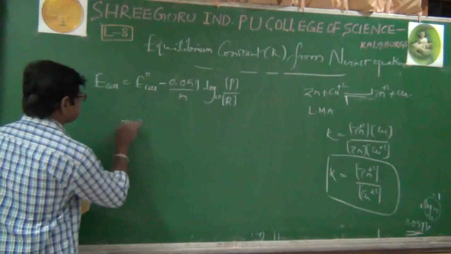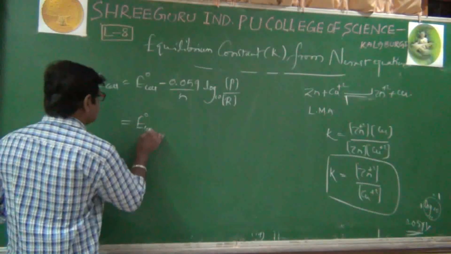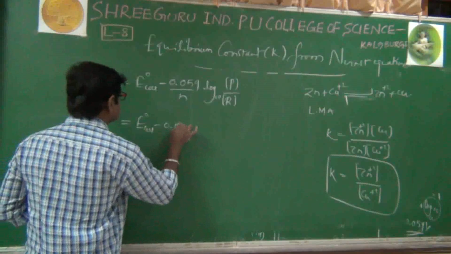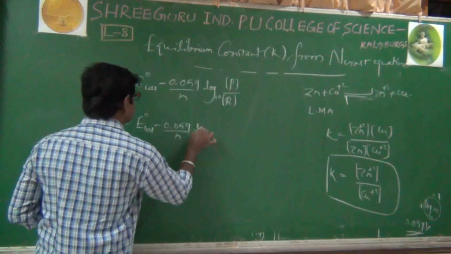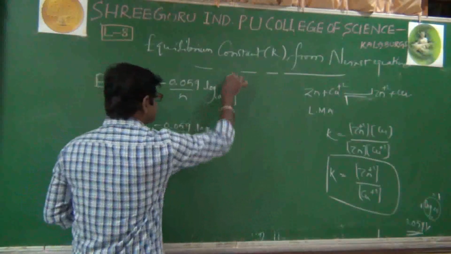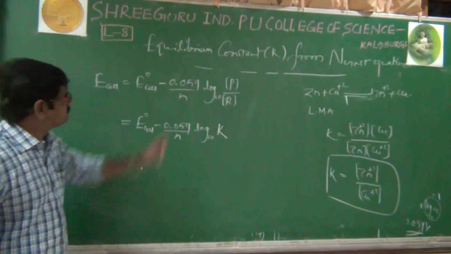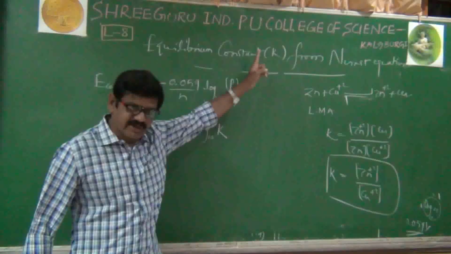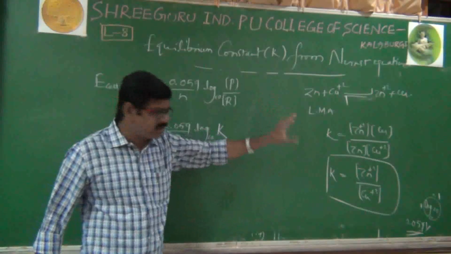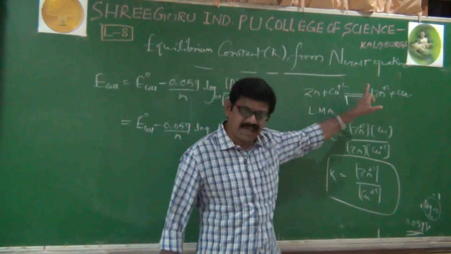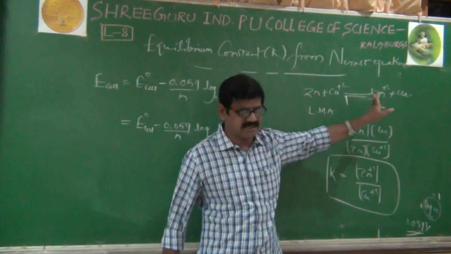Therefore, in the next step, E naught cell minus 0.059 by n log base 10, instead of product by reactant I am substituting K, because we are deriving an expression for the equilibrium constant, when the reaction is at the equilibrium stage.